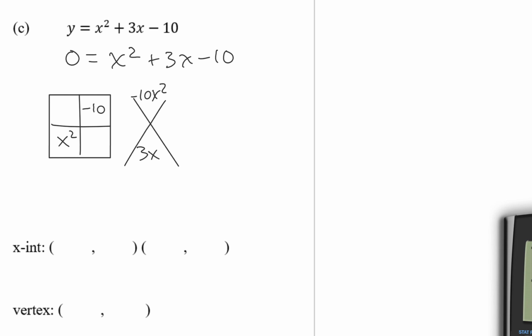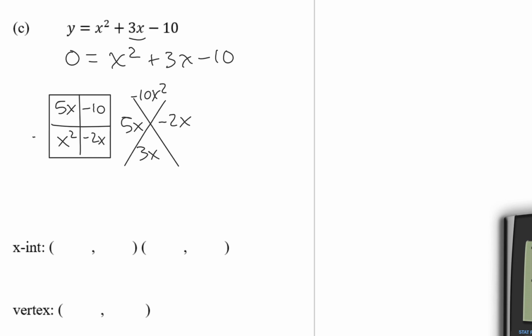I'm sorry, 5 and 2, and a negative 2x. There we go. Because if I multiply those, I do get negative 10x squared, and when I add them, I do get 3x. So I'll rewrite this middle term, 3x, as a 5x and a negative 2x. Perfect.